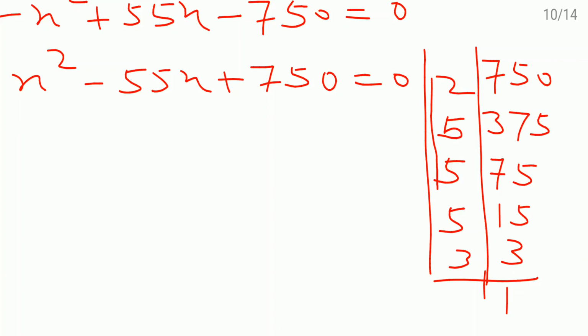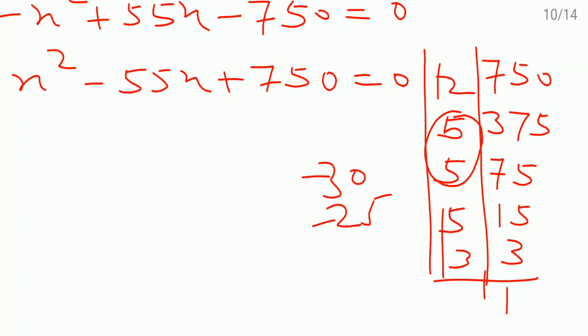So we have to think something else. Now here, if I do the group, suppose 5 into 5, 25, and 5 3s are 15, 15 2s are 30. 30 and 25 it comes as minus 55. Correct? See? 30 and 25. If I add it, I get 55. Right? So both of them I will make negative. So minus 55 I'll get. Right? These are the correct numbers.